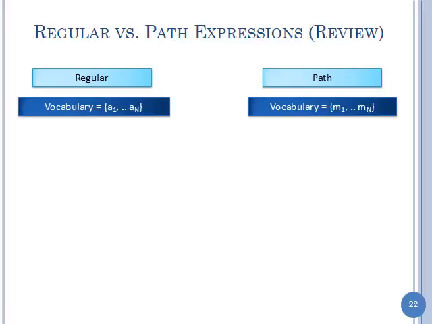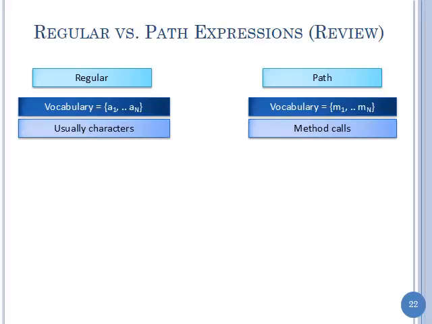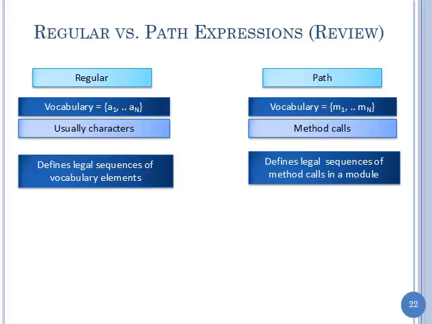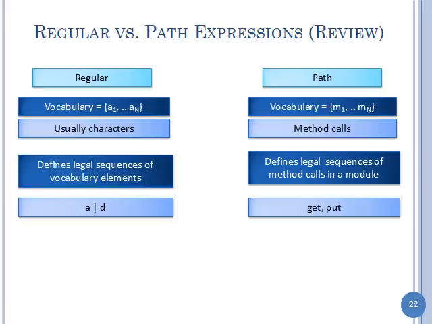Here we put constraints on what legal method calls are, relative to some module, some class. So it defines legal sequences of method calls in a module. You say, for example, I can accept A or D, so I can invoke next either the get method or the put method. Very similar, the syntax is a little different.